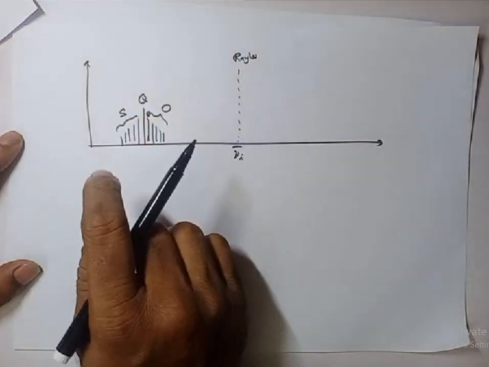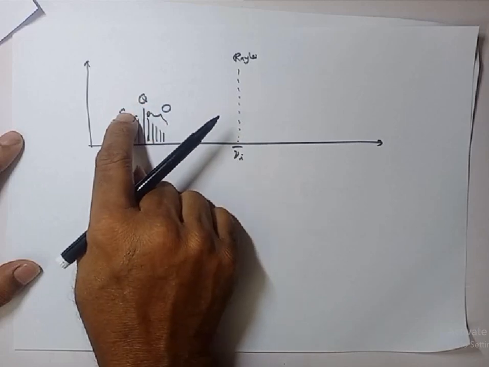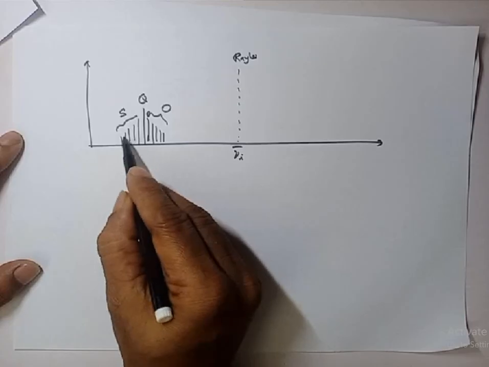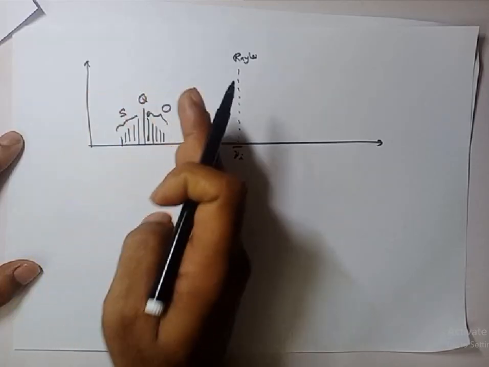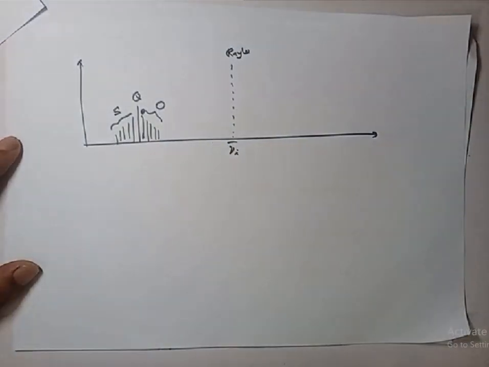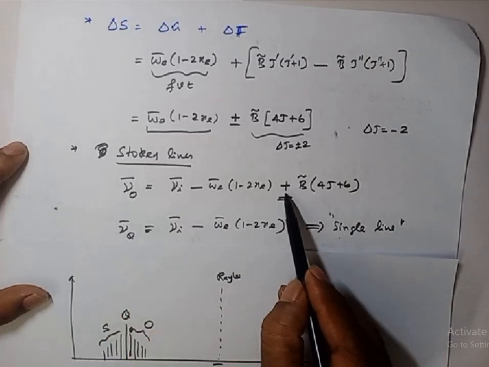Keep this point in mind: O branch, Q branch, S branch. From left to right, the S branch appears with lower frequency and the O branch with higher frequency. So for the O branch, we should get a plus sign here.